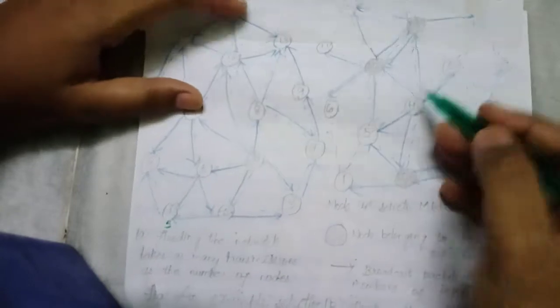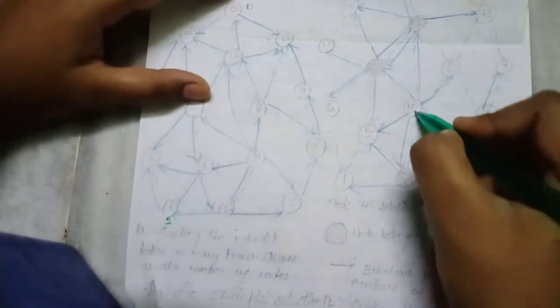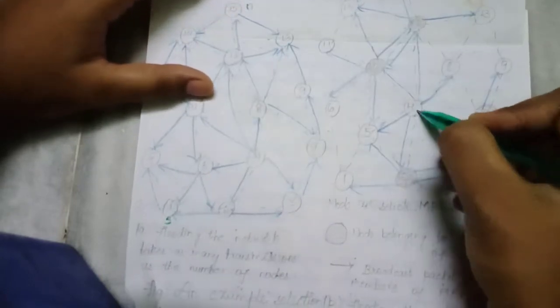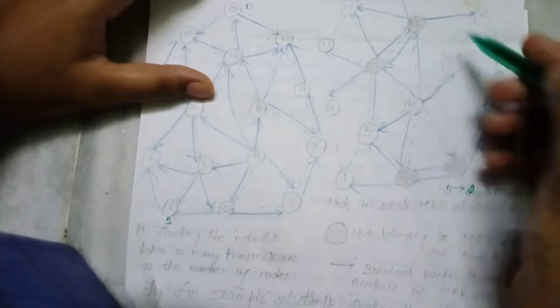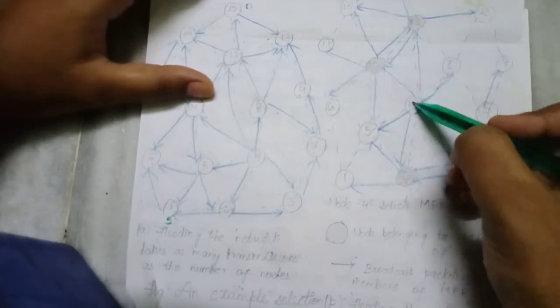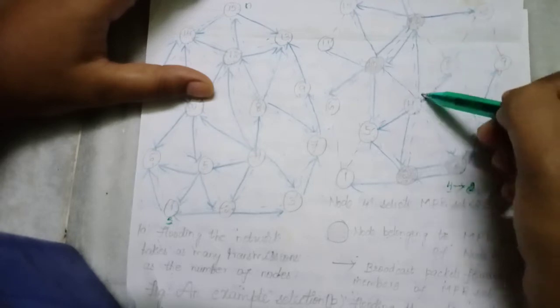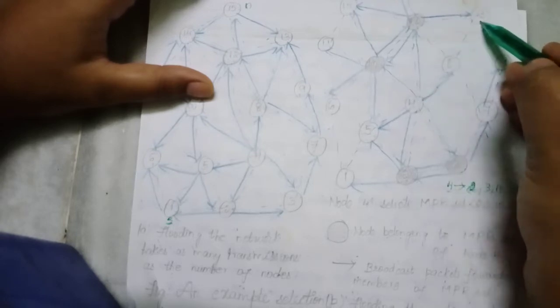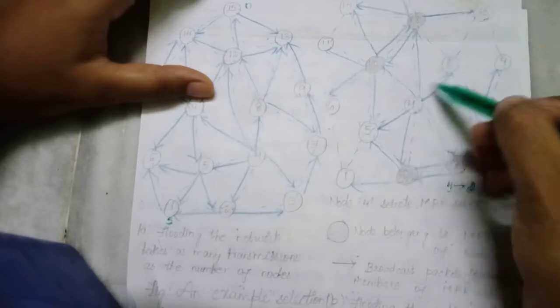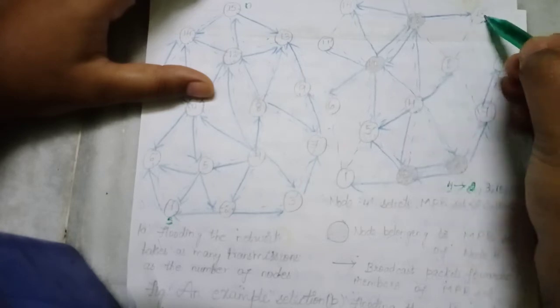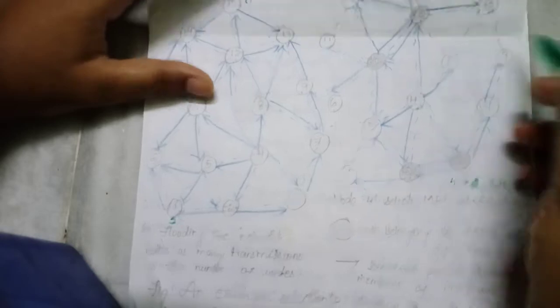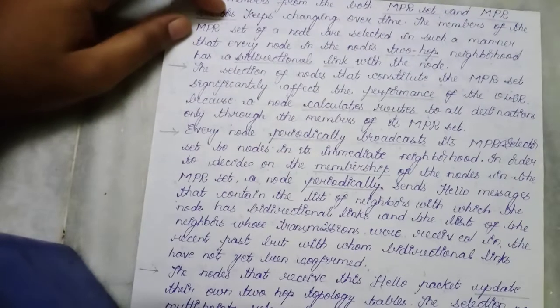For example, this is node 4 and this is node 12. From node 4 to node 12, the distance is 1 hop, right? Single hop distance. If you want to travel to node 13, the distance is 2 hops. See, from 4 to 8, single hop, 8 to 13, another single hop. So 2 hop. This is meant by 2 hop.